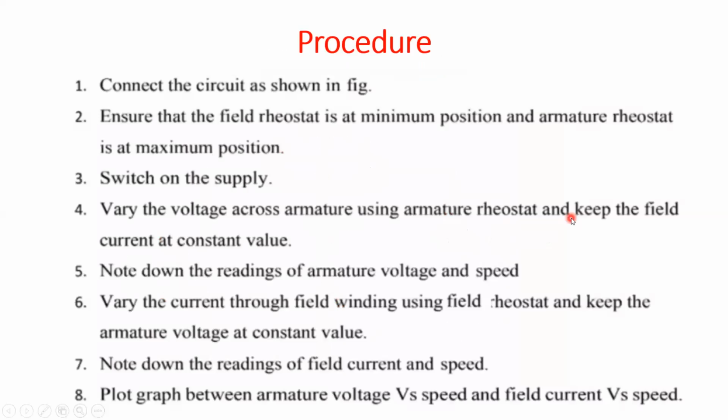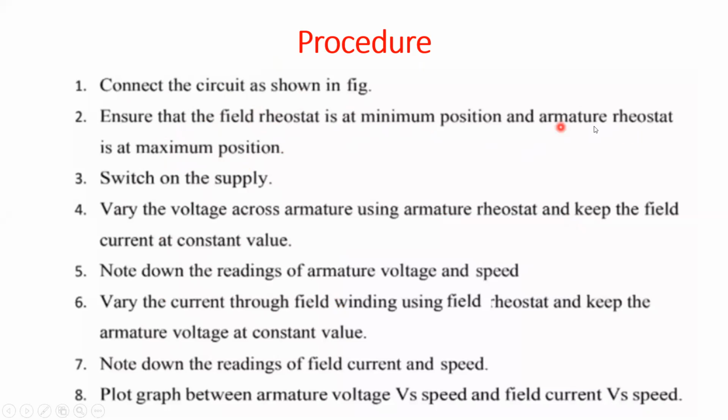These are the points I was interested to discuss with you for theory. Now for practical purposes, the procedure is very simple. You have to connect the circuit as shown in the figure, and ensure that the field rheostat is at its minimum position and the armature rheostat is at its maximum position. Why?